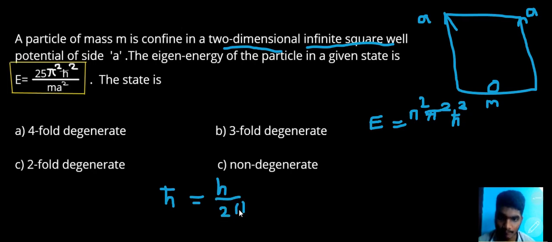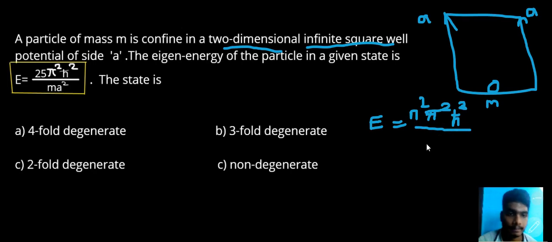It is also a constant, right? So n square pi square h bar square divided by 2 m a square.